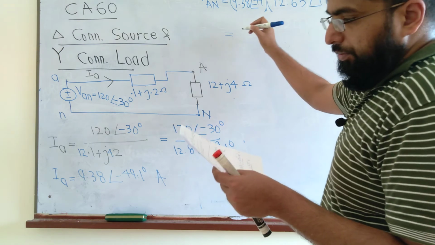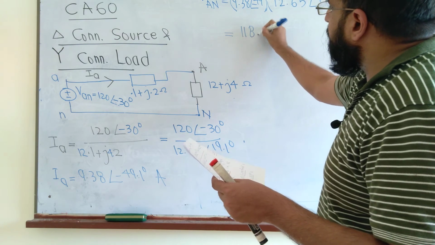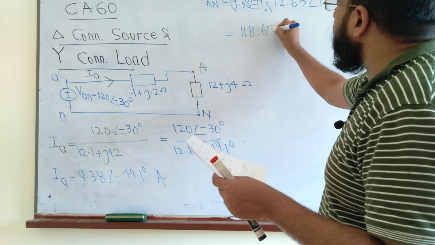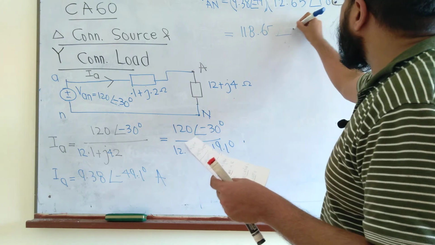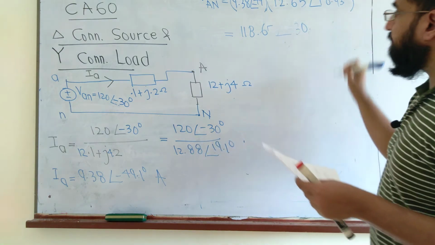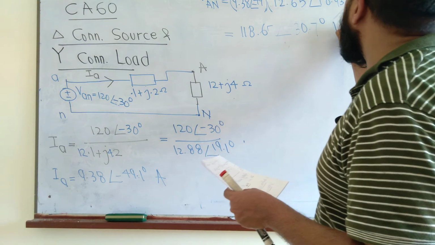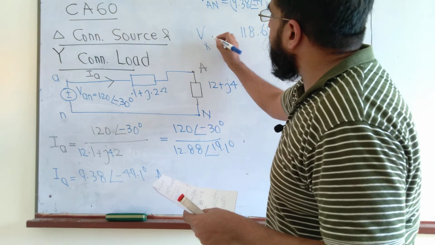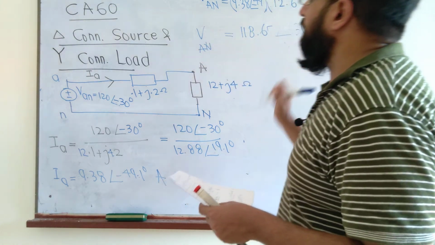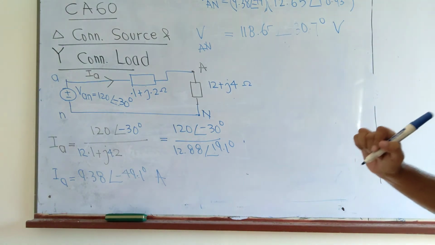If you multiply the two, it comes out to be 118.65 at an angle of minus 30.7 volts.